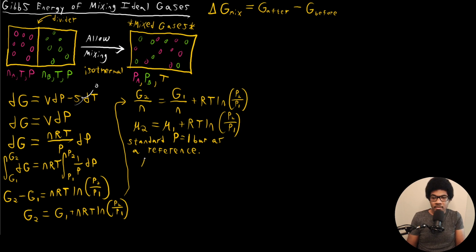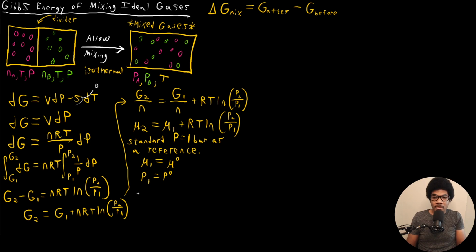point, right? So instead of saying mu1, I'm going to say mu naught, right? That's for the standard chemical potential. So the chemical potential is taken at standard pressure, right? And so P1 would just be our standard pressure. So I'm going to use P naught here again for the standard pressure.